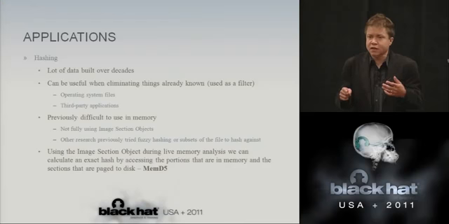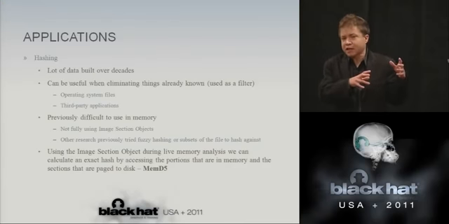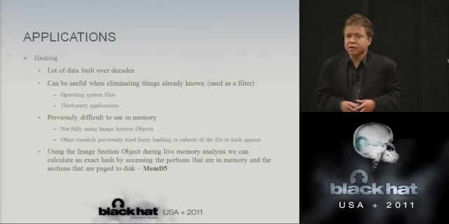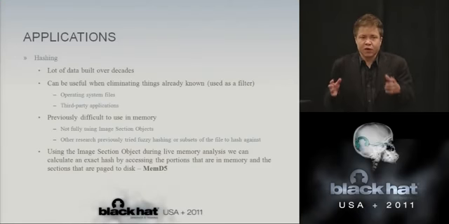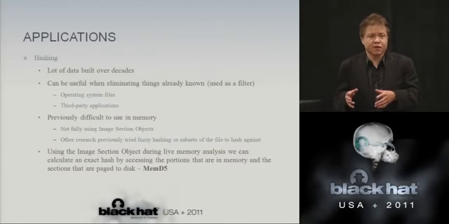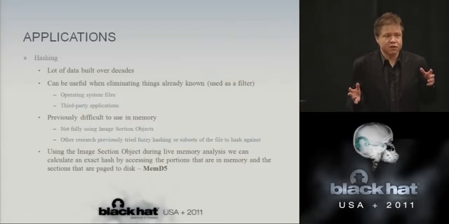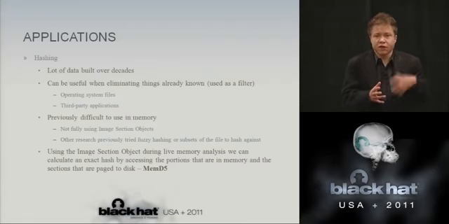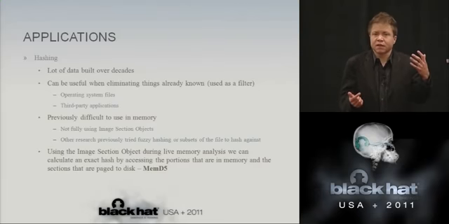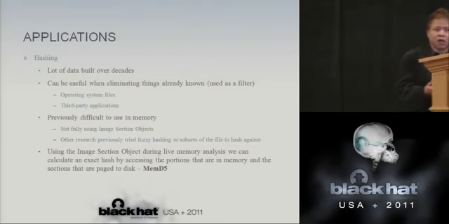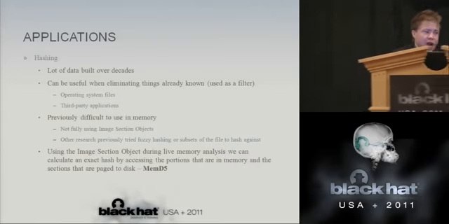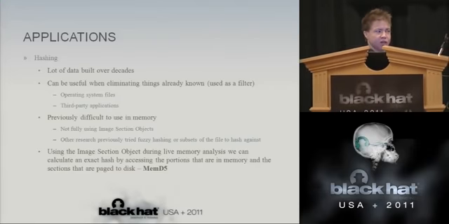So NTDLL got one of its pages paged out and put back into NTDLL. If we can use NTDLL on the file system to read those 1, 2, 3, whatever number of pages that have been paged out, we can reconstitute the whole file using memory and some of disk. And by doing that, we can hash it all. And therefore, our hash in memory will match our hash on disk.